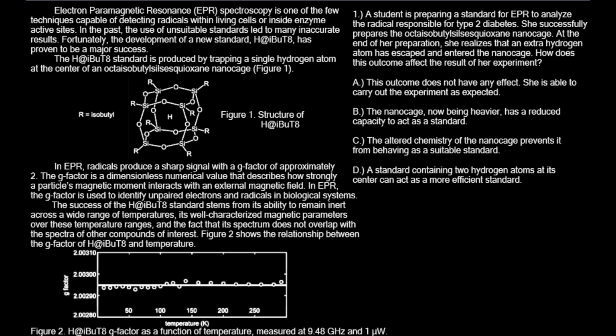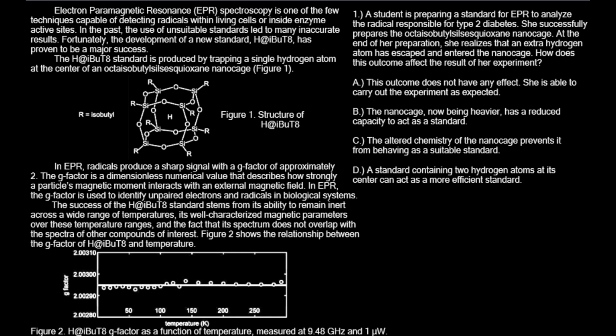Figure 2 shows the relationship between the g factor of H@iBuT8 and temperature. There's figure 2, and the caption says: Figure 2, H@iBuT8 g factor as a function of temperature measured at 9.48 gigahertz and 1 microwatt.